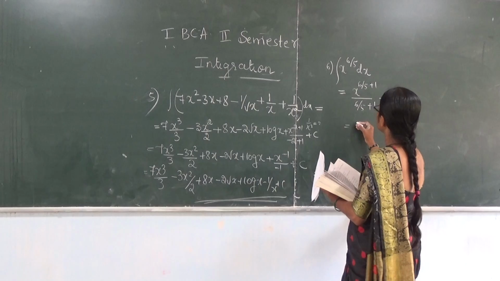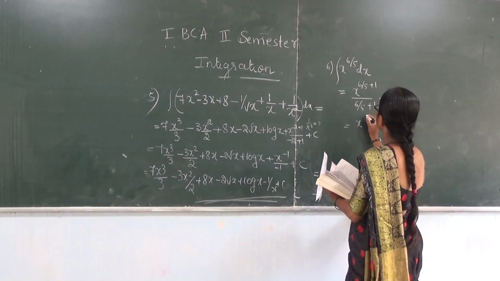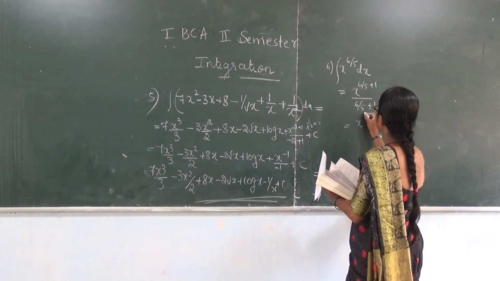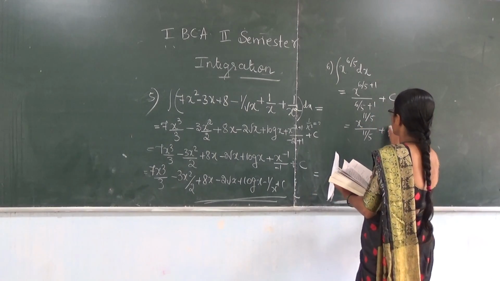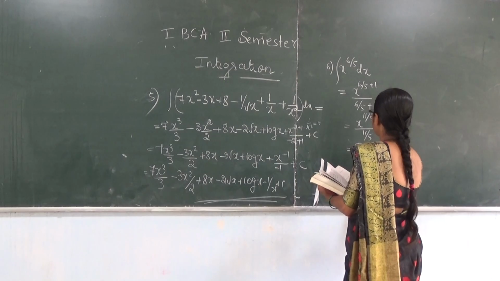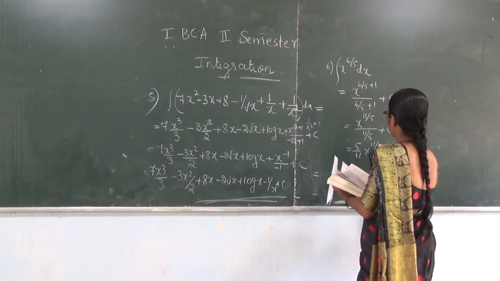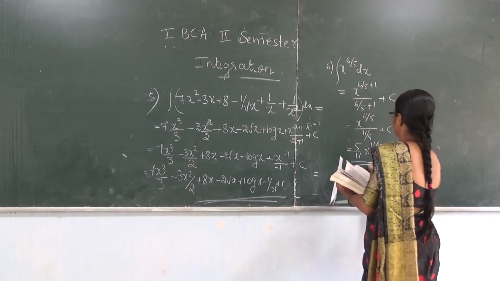That is equal to x to the power 5 plus 6, 11 by 5. So that is 5 by 11 x to the power 11 by 5 plus c.